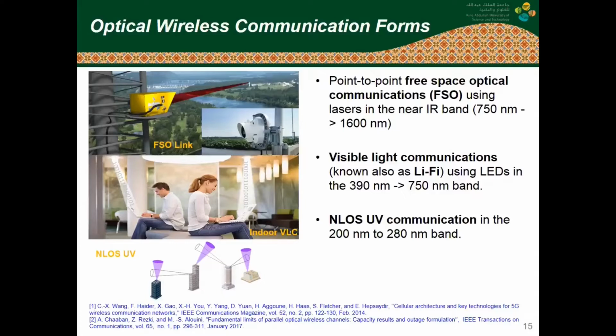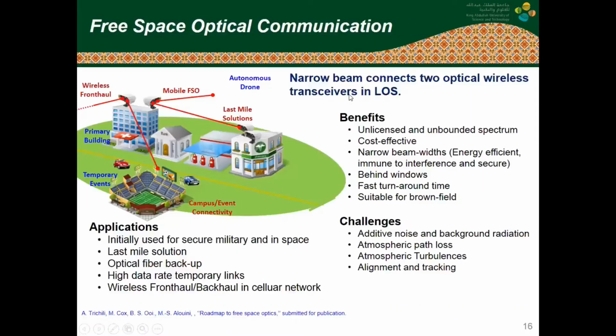So the tutorial today is focusing mostly on the first family of technologies, which is free space optics, high-speed, point-to-point free space optics communication. So what are the typical benefits?